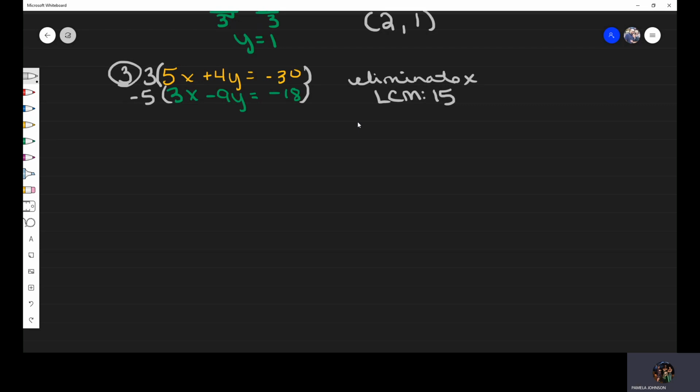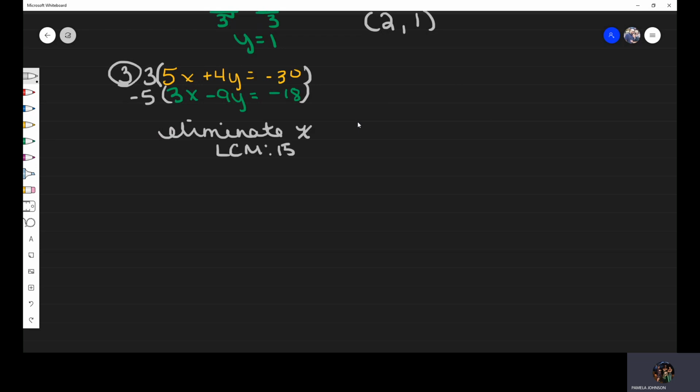I'm going to go ahead and erase my little notes because I need to multiply now. So I'll move them down here. Eliminate x, and our least common multiple was 15.